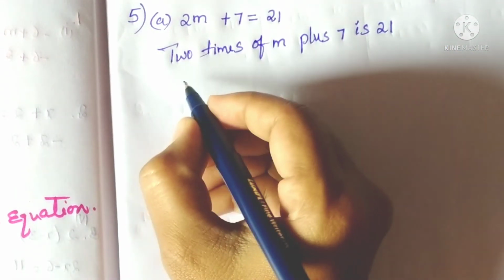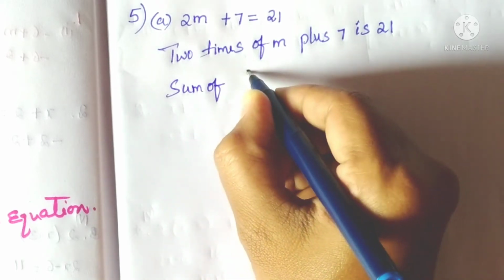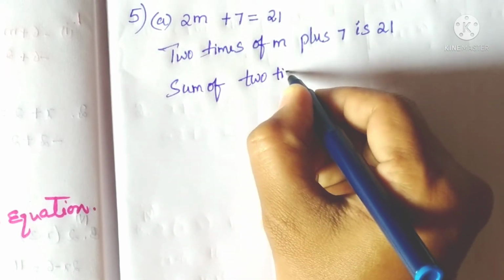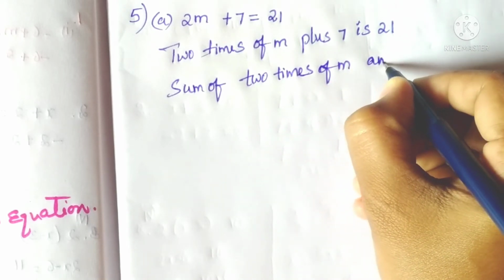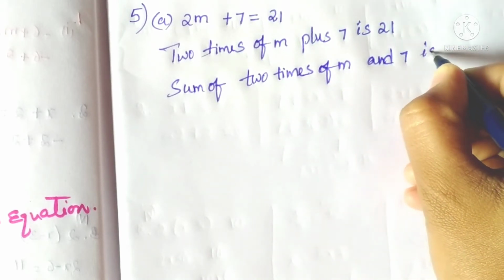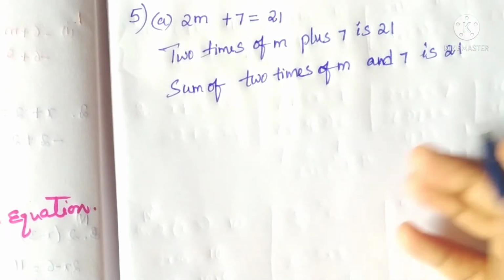Otherwise, sum of 2 times m and 7 is 21. So we can write in any way.